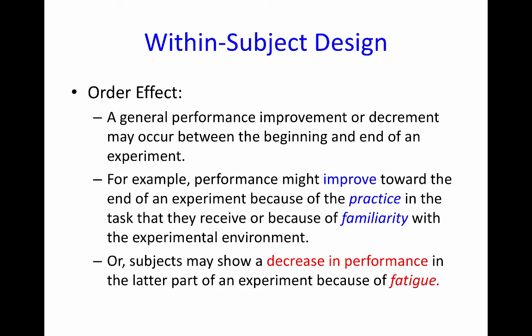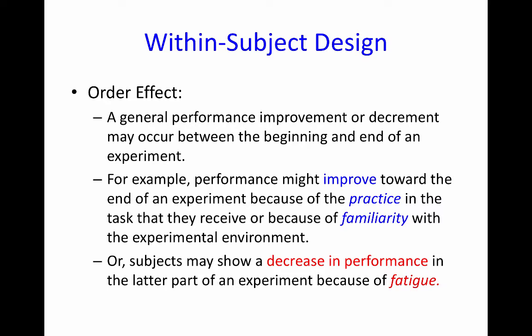So in the order effect, a general performance improvement or decrement may occur between the beginning and the end of an experiment. For example, performance might improve towards the end of the experiment because the person has more practice or more familiarity with what you're asking them to do, or they're more comfortable in the test environment.